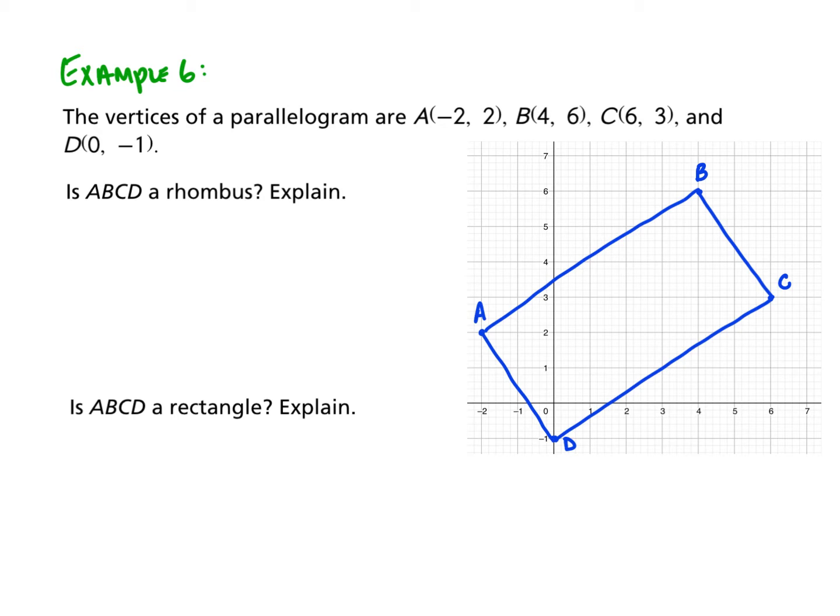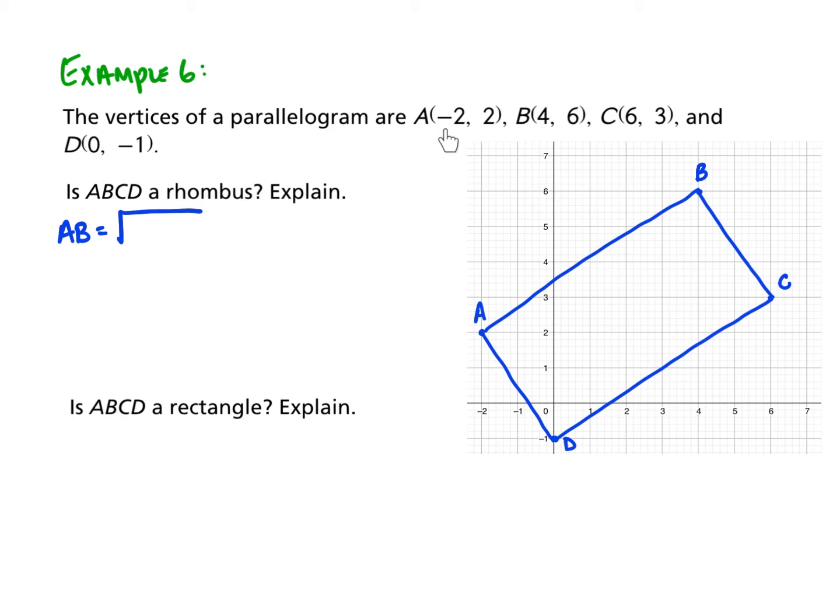So I'm going to find the length of, first, AB. All right, so the length of AB is going to be the square root of the change in x's and the change in y's squared and added together. So to go from A to B, the change in my x coordinates is going to be a total of 6.